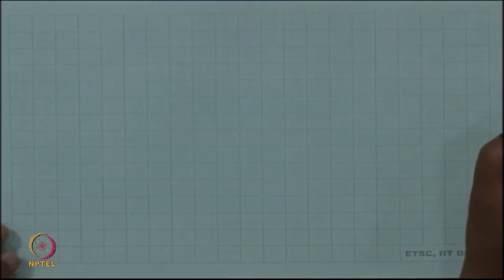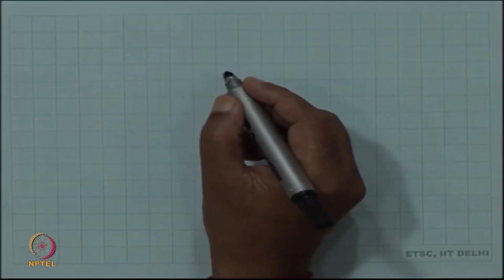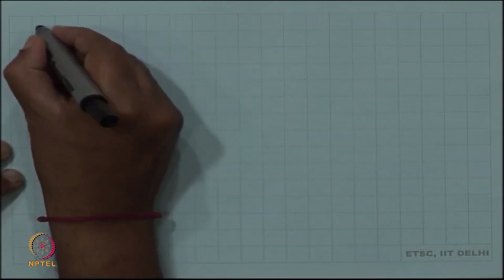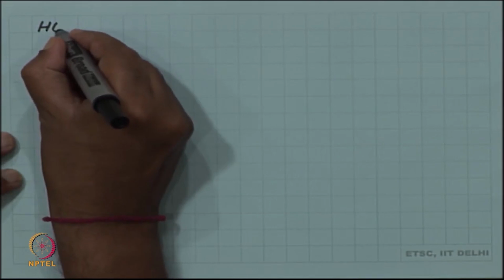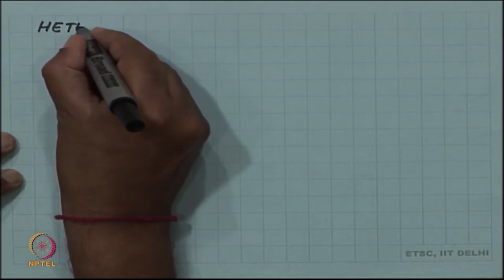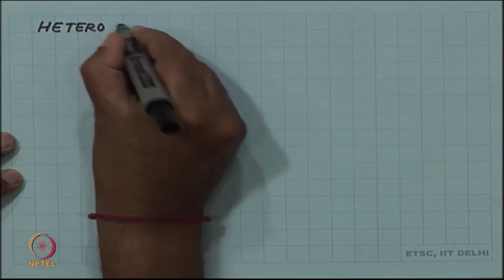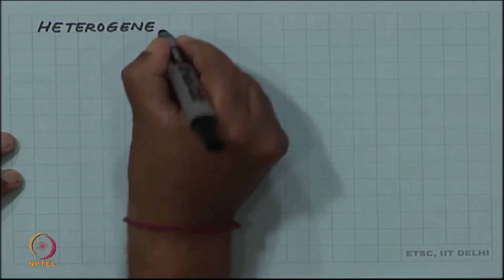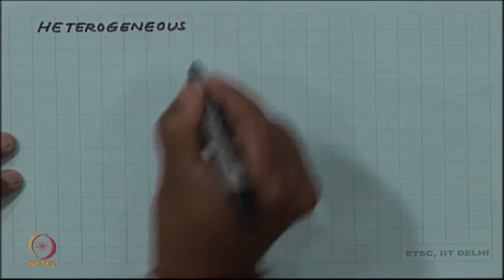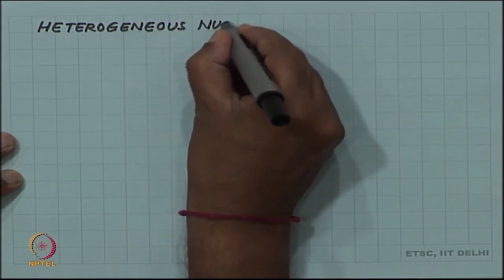So, let us look at heterogeneous nucleation in a little bit detail. Just like we analyzed homogeneous nucleation in terms of energy, let us do a similar analysis for heterogeneous nucleation.